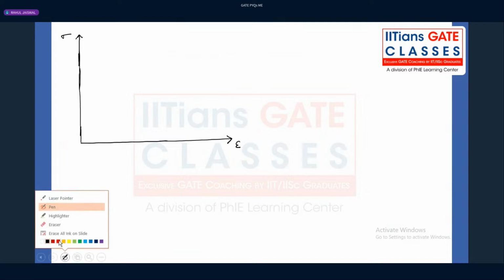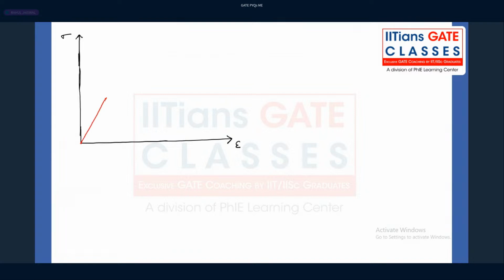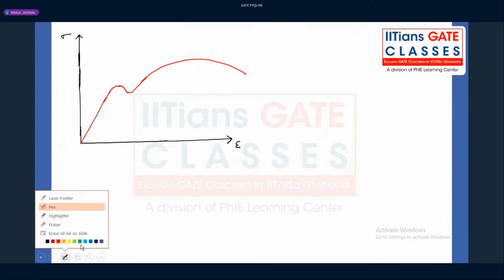If I plot the diagram, taking an example of low carbon steel, mild steel, then we have the linear portion, then the transition from elastic to plastic, then it goes like this. This is the graph I have drawn in red color, that is the engineering stress versus strain diagram.